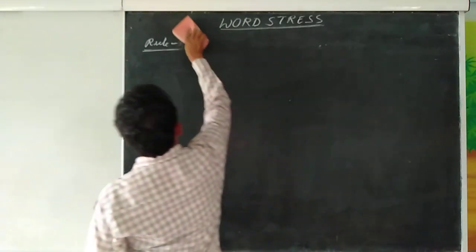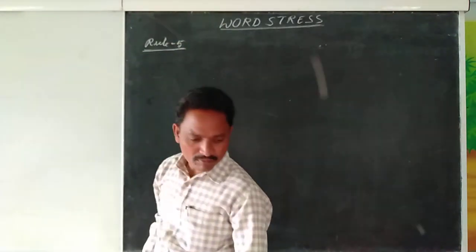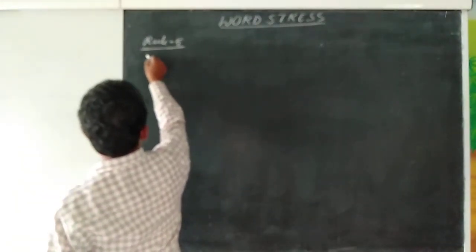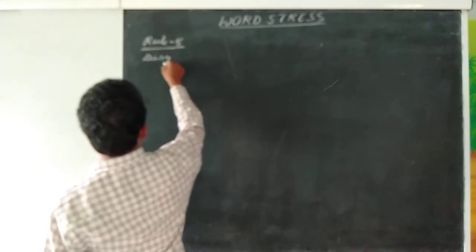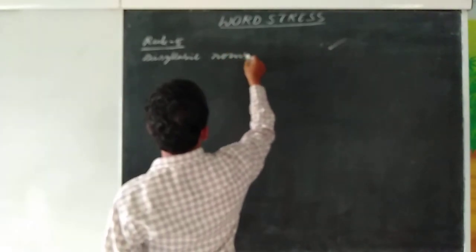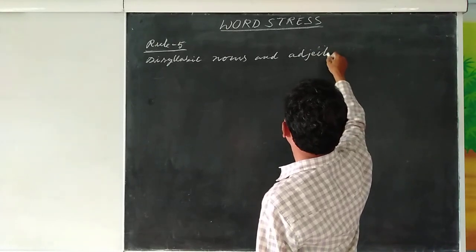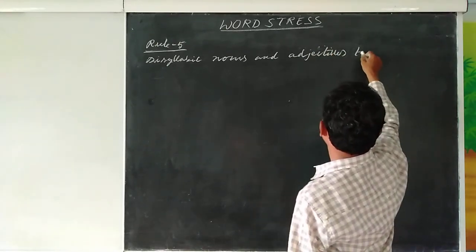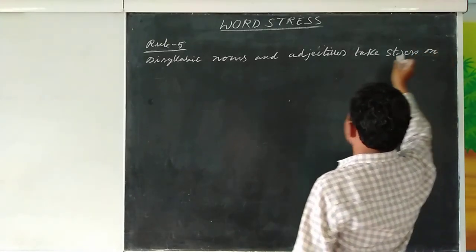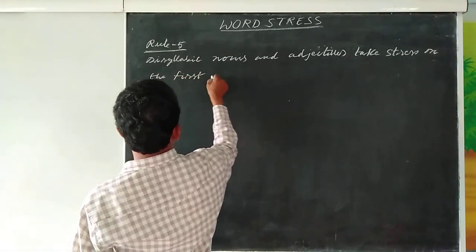Next rule, rule number 5. Disyllabic nouns and adjectives take stress on the first syllable.